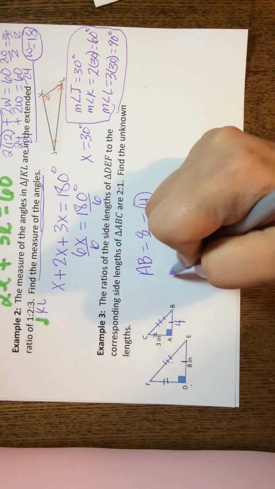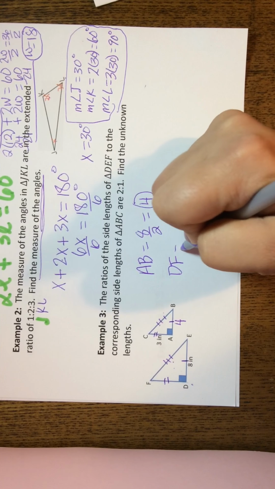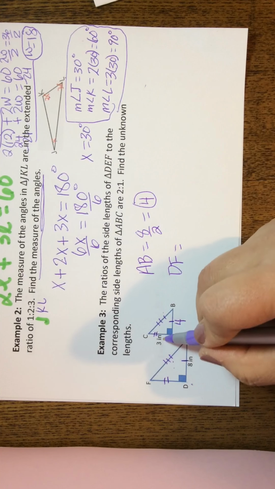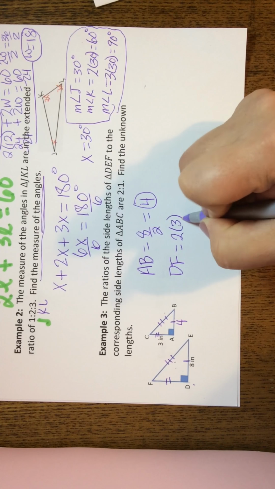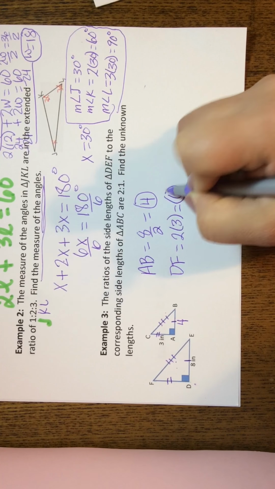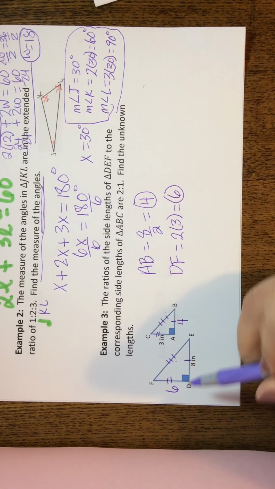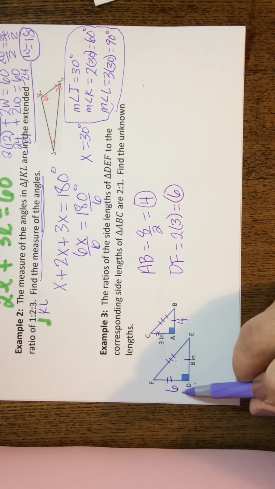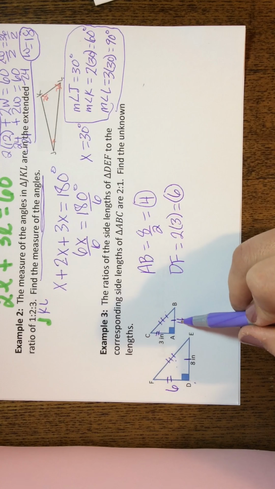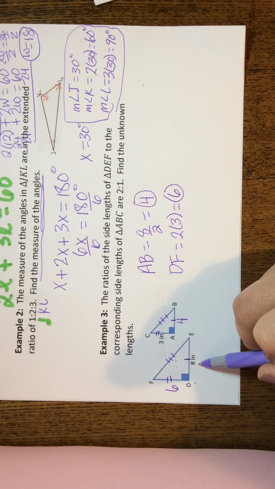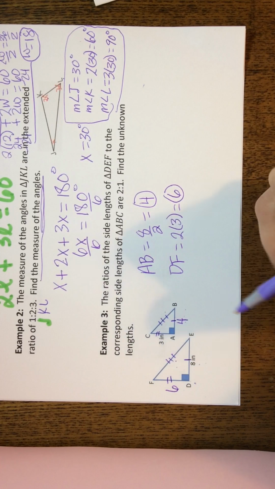So DF is twice as big as this. So you're going to multiply 2 times 3, which is 6. So this side over here is 6. If you divide 6 by 2, you get 3. Or if you multiply 3 times 2, you get 6. Here, 4 times 2 would give you 8, or 8 divided by 2 gives you 4.